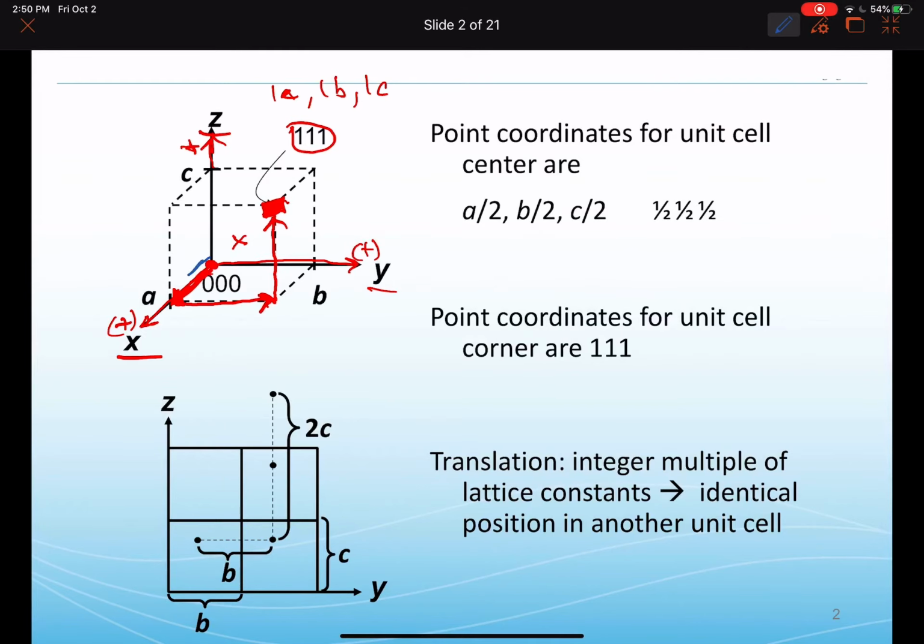So a half unit of A in the positive direction, a half unit of B, again in the positive direction of y, and then up above that xy plane into the middle of the cube with a half unit of C positive. So half an A, half a B, half a C, and our point coordinates are therefore half, half, half.